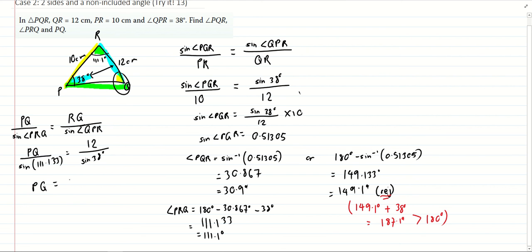Multiplying by sine 111.133 degrees throughout, PQ is simply equal to 18.180.